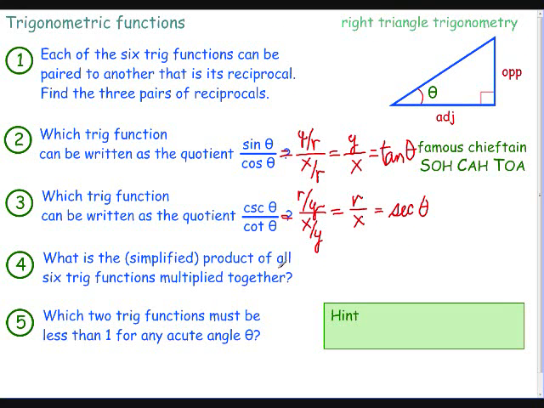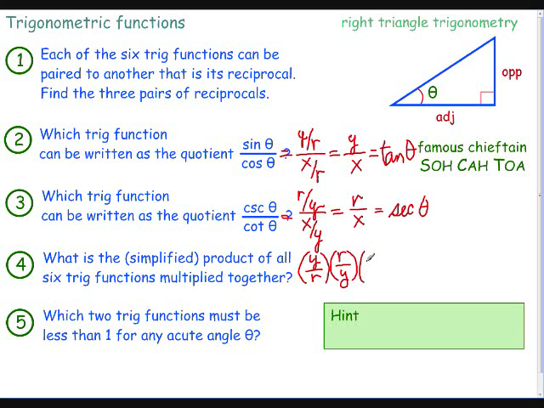What is a simplified product of all 6 trig functions multiplied together? So, wow. So we'll start with sine. And what's its reciprocal? Now you can already see what's going to happen.